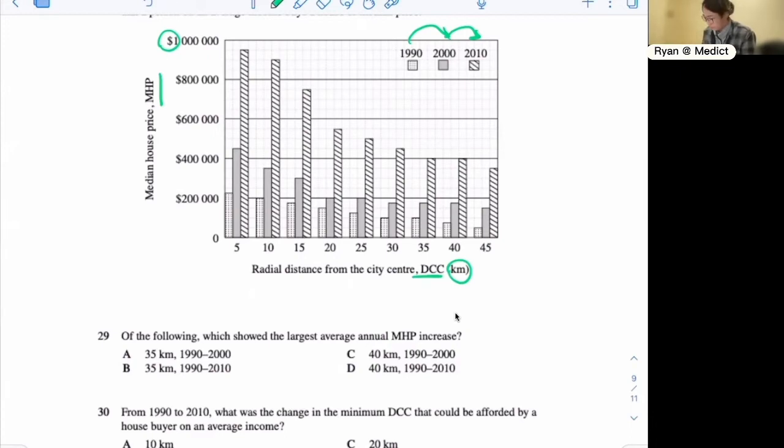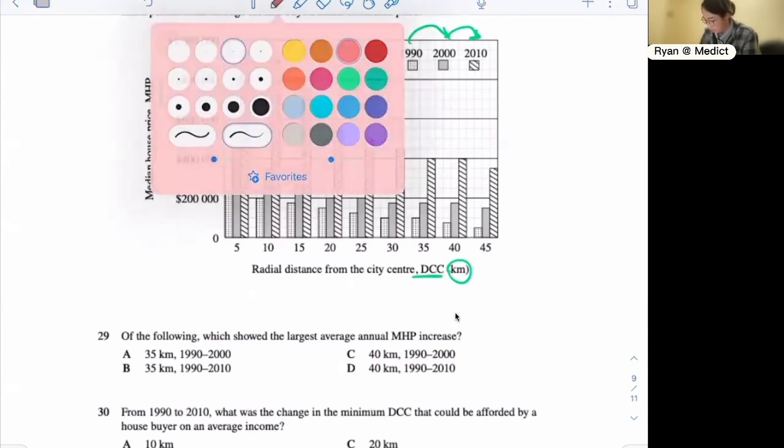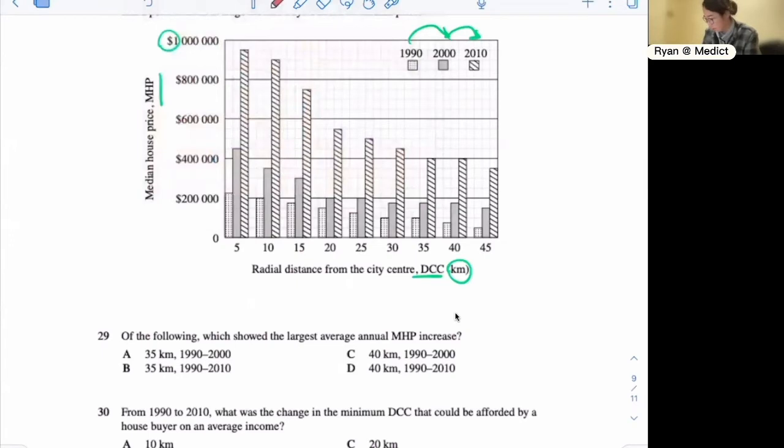Right, so that's pretty much everything we need to know. Basically it's telling us, for three decades, the MHP for each DCC. How about we just look at one? Let's say in the 1990s, if you have a DCC of 20, then the MHP is basically this one over here, because it's the 1990s.